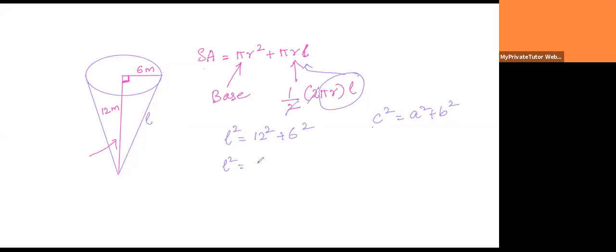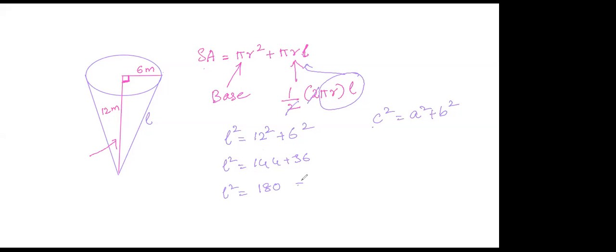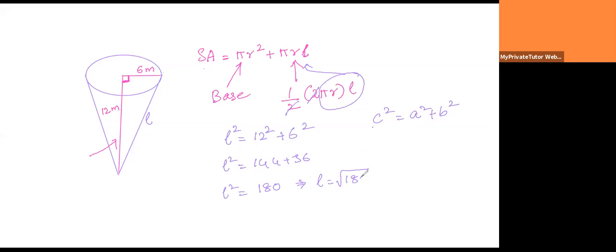L square equals 144 plus 36. Please try that. What is 144 plus 36? We'll get 180, I hope. Yes, 180.